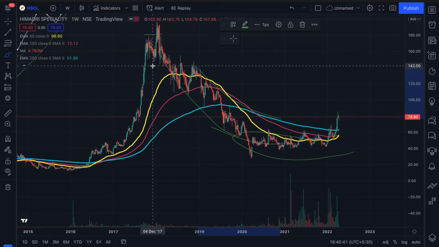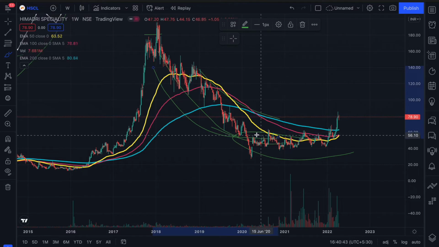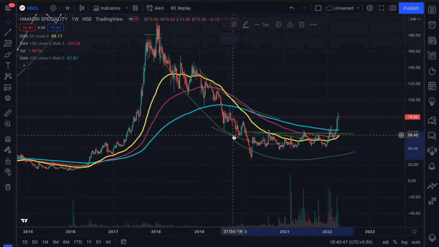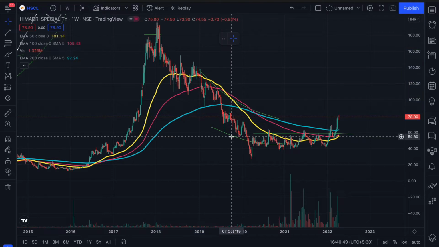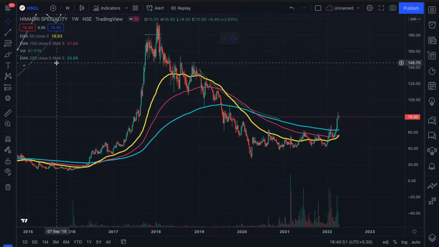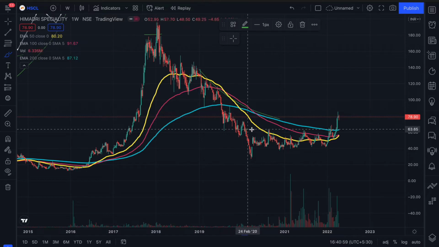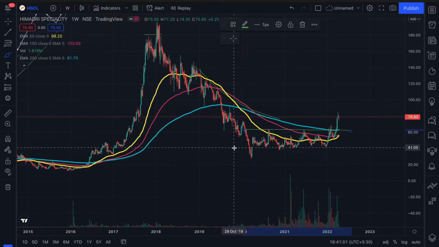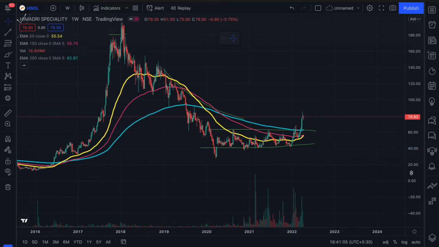This leads to the period of consolidation, as you see here. Before it there was pretty high dominance of the sellers, and as the selling pressure came down, we saw dominance from the buyers as well, and now we see a consolidation. Price is stuck between two important supply and demand zones.